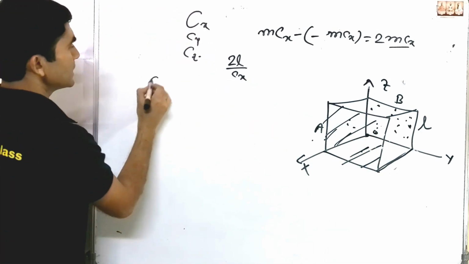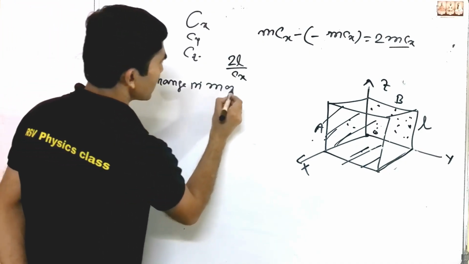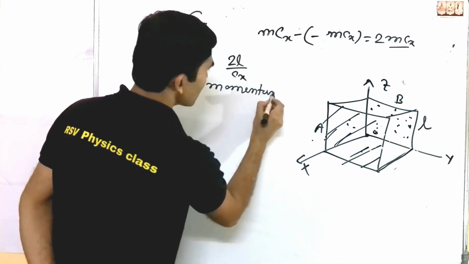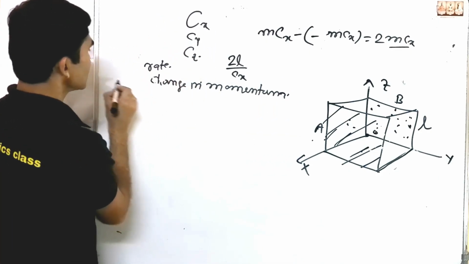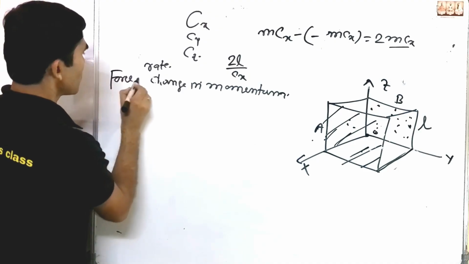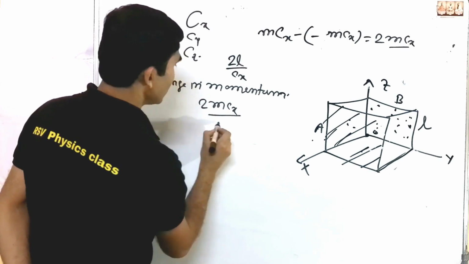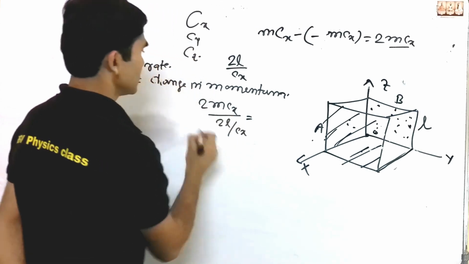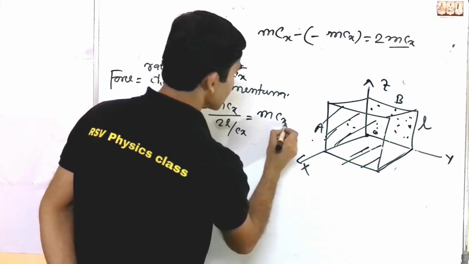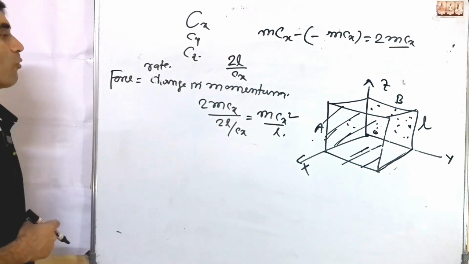So the rate of change of momentum, which is force, equals 2 m cx over 2L by cx, which is m cx square by L. So this is the expression for force.